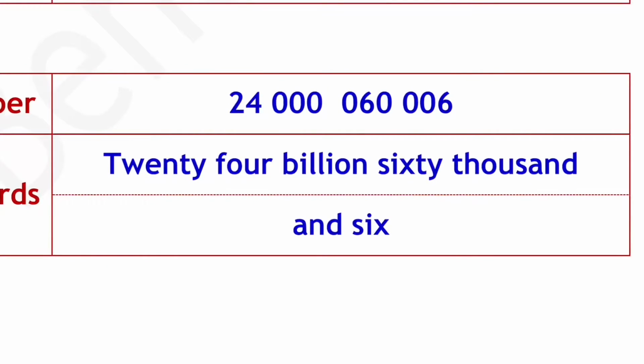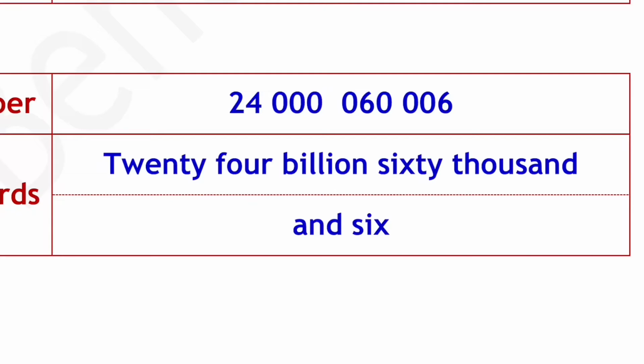Now in your mind you should be able to identify. Look at the last 3 digits. There's a bridge 1000, and the next 3 digits there's a bridge million, and then there's a bridge billion as well. So what is applicable to billion is 24. So it's 24 billion. There's nothing in millions, but you get 60,000. And the last 3 digits represents only 6.